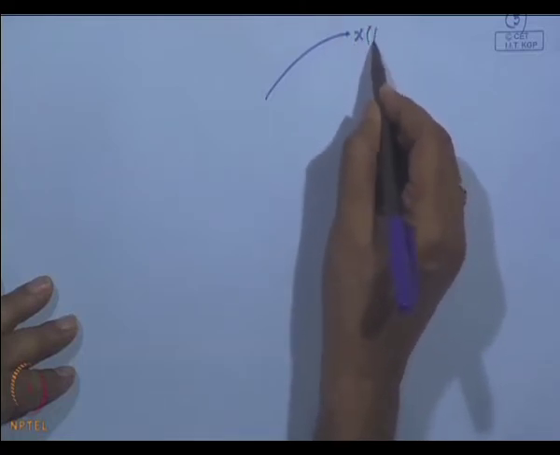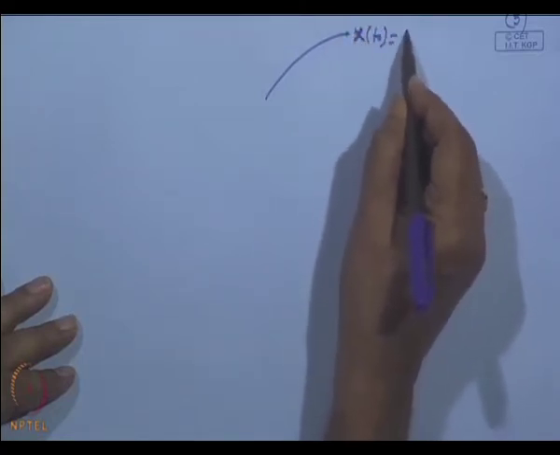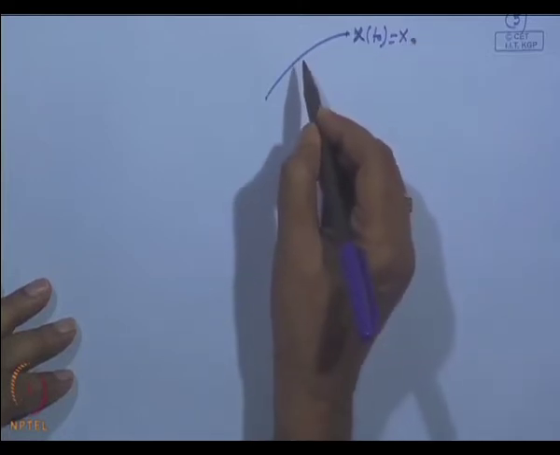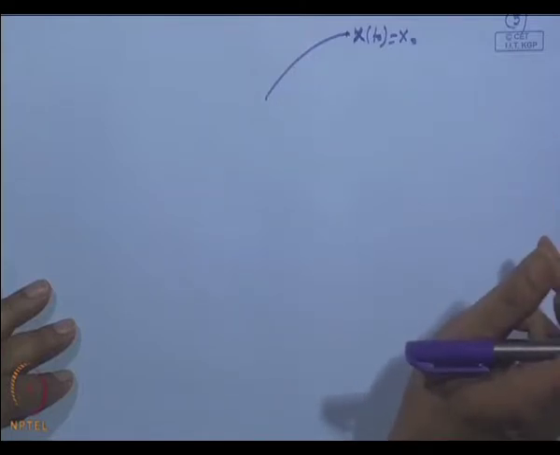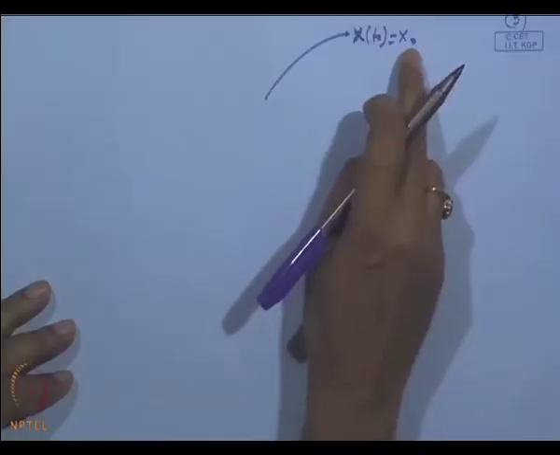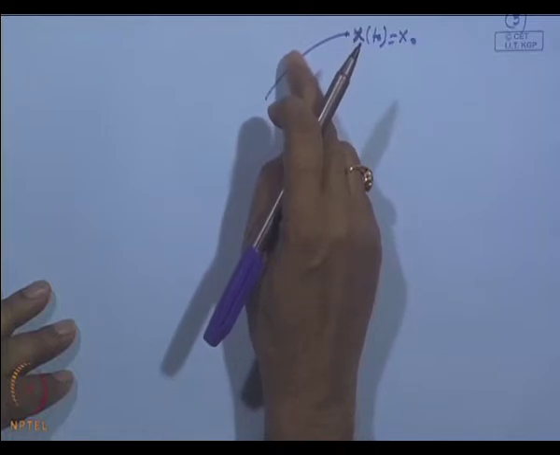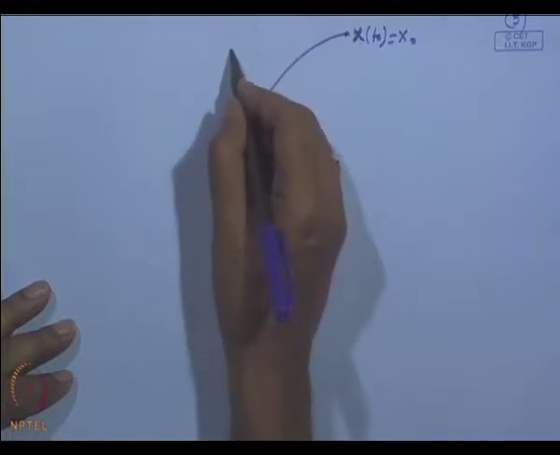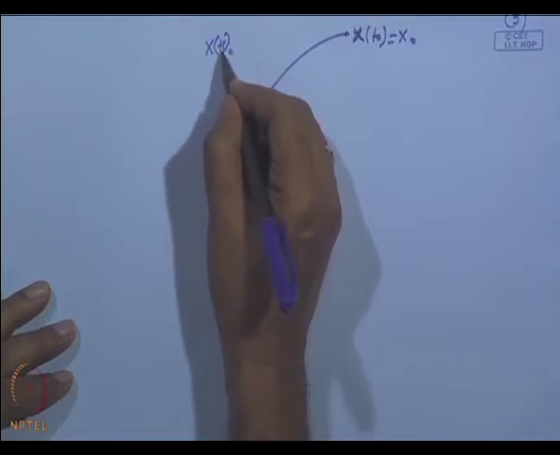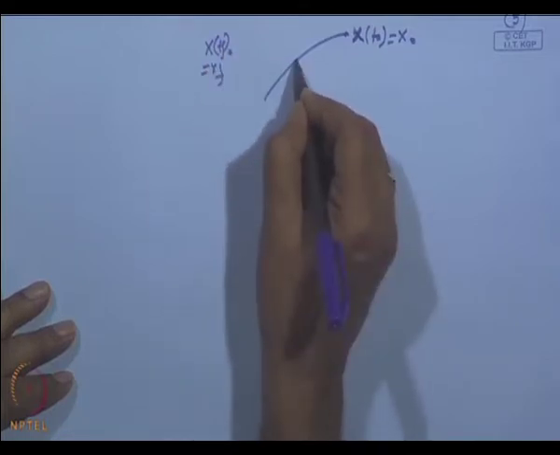So, our initial state is x of t 0 equal to x 0, and we have to find the optimal path such that the performance index is minimized, in the sense that state x 0 will transfer with the optimal control signal to a desired state x of t f equal to x f in minimum time.